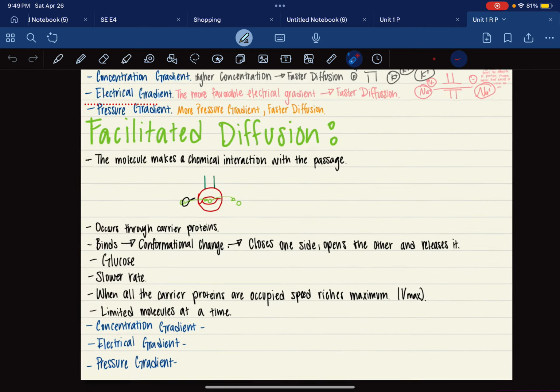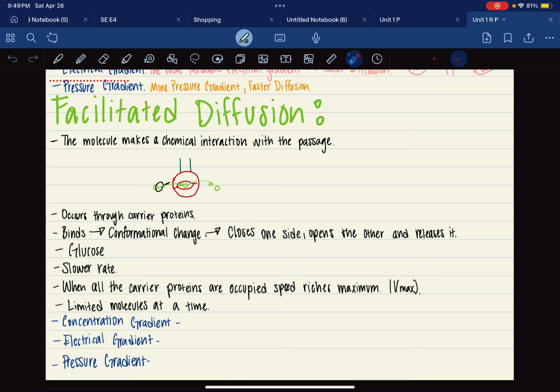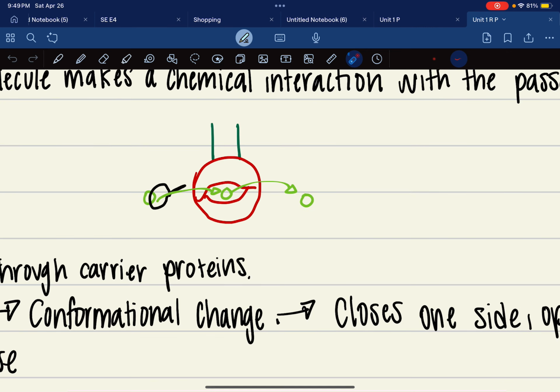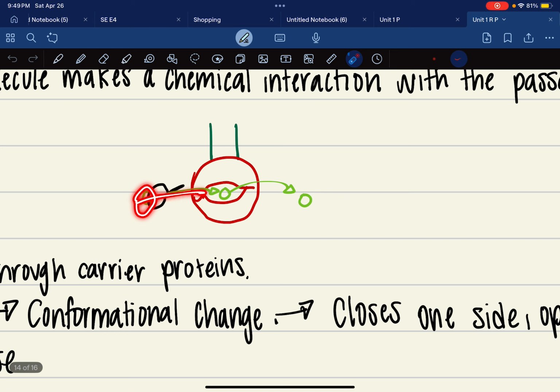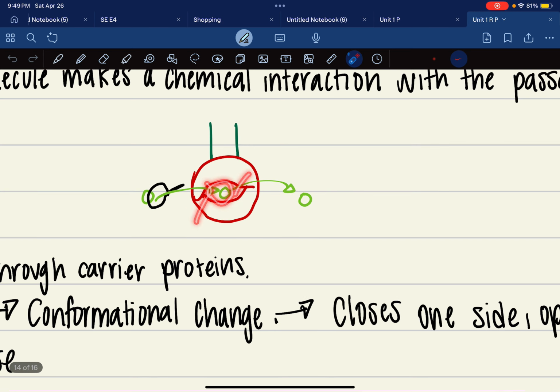And then facilitated diffusion, this is still under passive. It comes in contact with this. So let's say this little thing goes in here, it opens this, and then it puts it in here, and then this closes, this opens, and it takes it out.